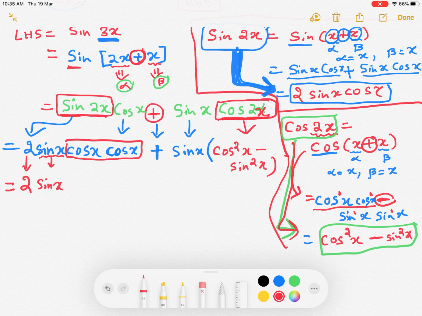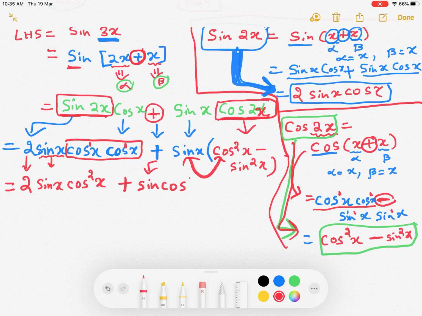Now cosine x into cosine x, cosine to the power 1, cosine to the power 1. What is that? Cosine square x. Plus now what is sine x into cosine x?